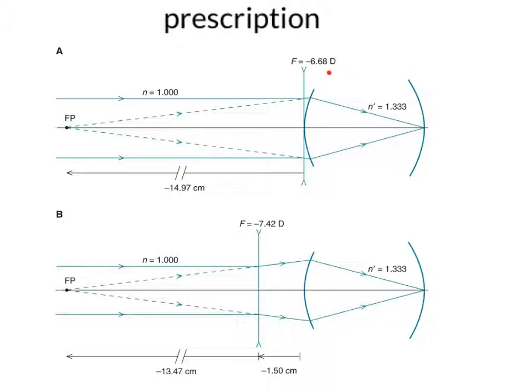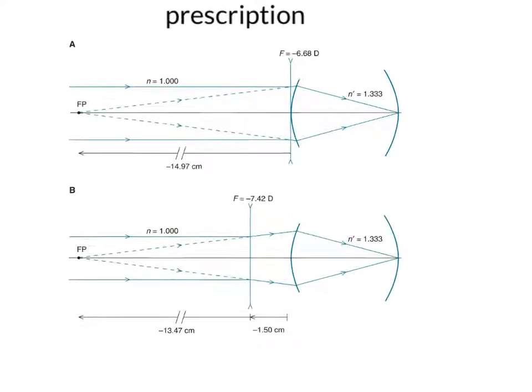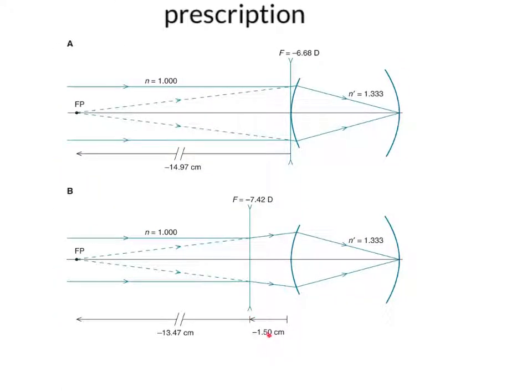You cannot use this prescription as the person's eyeglass prescription, because the glasses sit in front of the eye while the contact is directly on the eye. In this case, you can see that the eyeglass prescription is actually minus 7.42, because the eyeglasses usually sit about 15 millimeters or 1.5 centimeters in front of the eye.